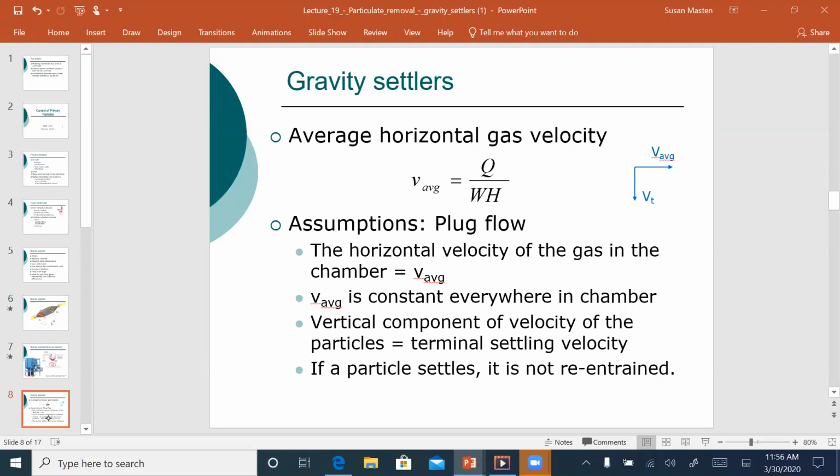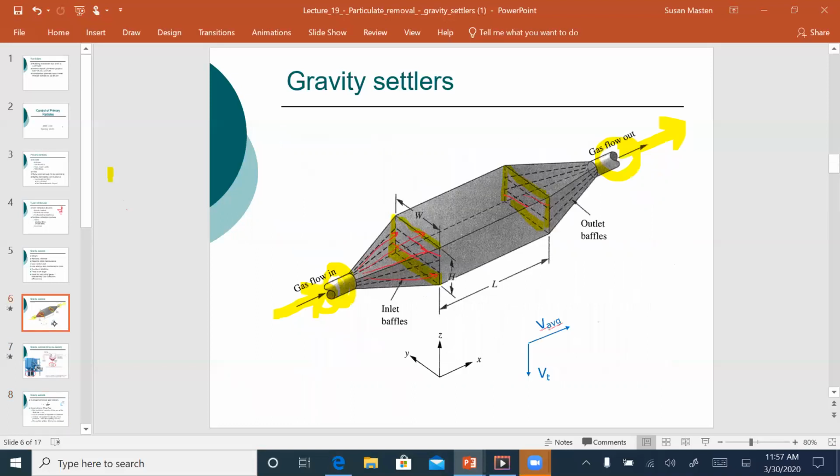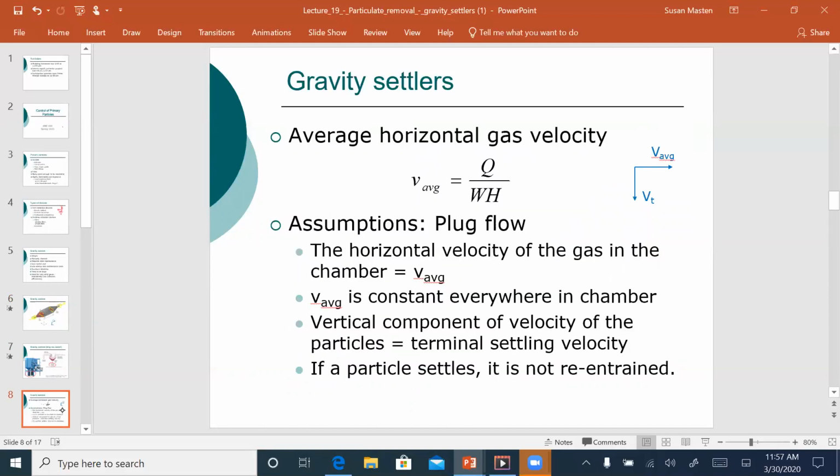So as I mentioned, what we're assuming is an average horizontal gas velocity. So this is your flow, Q, so we flow in through that duct, divided by the width times the height. So if you look here, you can see the width, and then here's our height. So that will give us the average horizontal velocity.